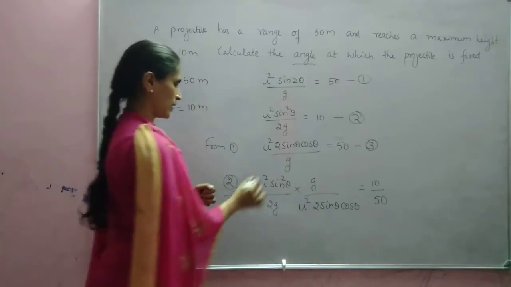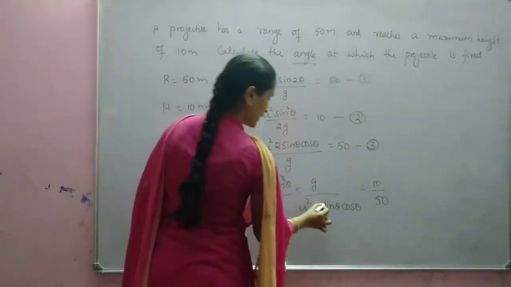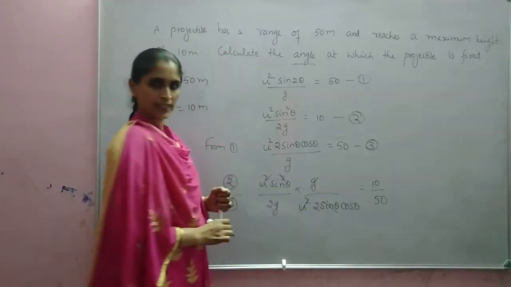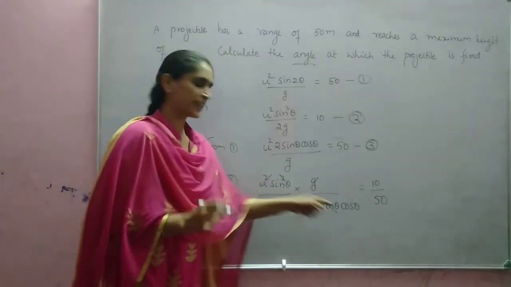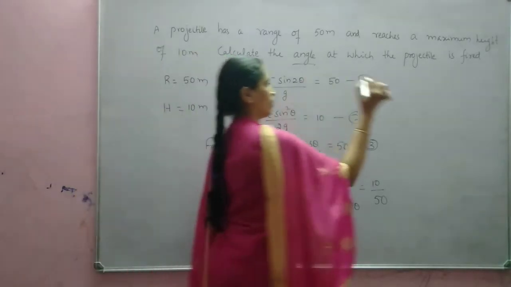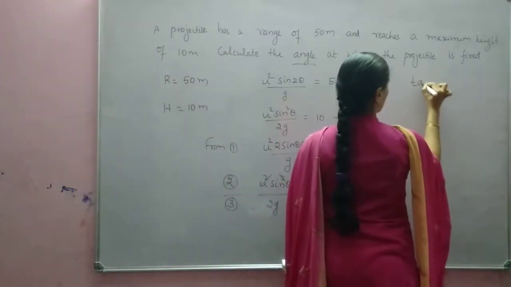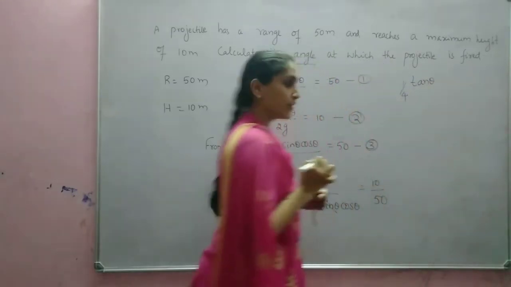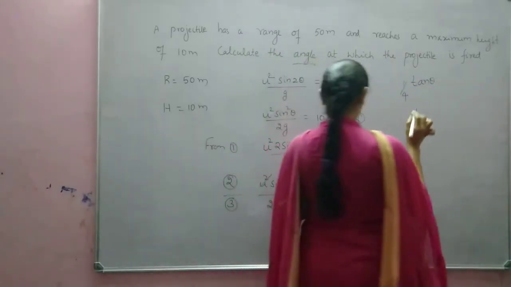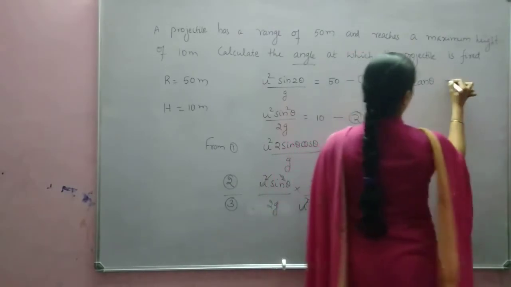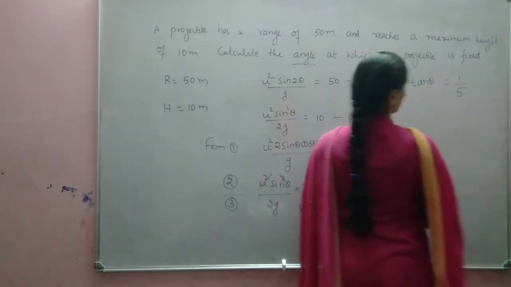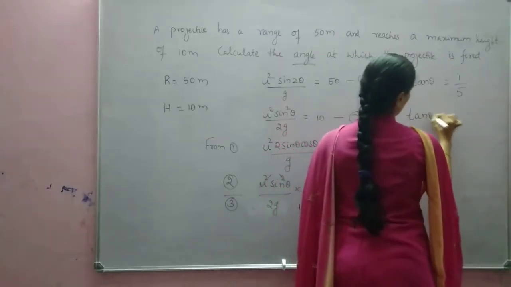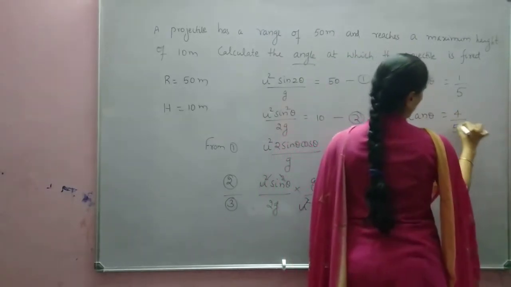Now one sine theta can be cancelled, g can be cancelled, u square can be cancelled. What you got? Sine theta by cos theta by 4, or tan theta by 4, 1 by 4 tan theta is equal to 1 by 5, or tan theta is equal to 4 by 5.